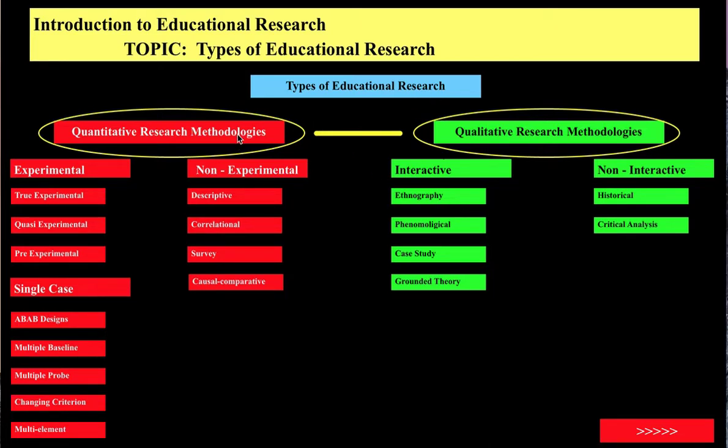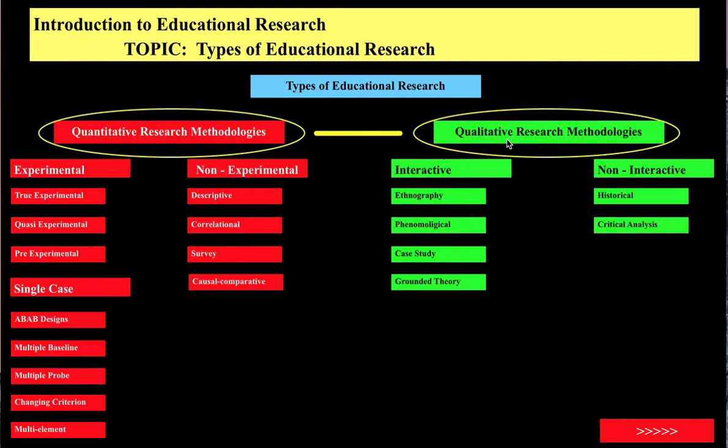Now, there are two basic, actually there are three, but pictured here are just two of the major scientific paradigms or ways of answering and asking questions. One is called the quantitative research methodologies, and all of these are quantitative research methodologies. The other is called the qualitative research methodologies, and all of these are considered qualitative research methodologies. And on the next screen, we will discuss quantitative and qualitative research methodologies.